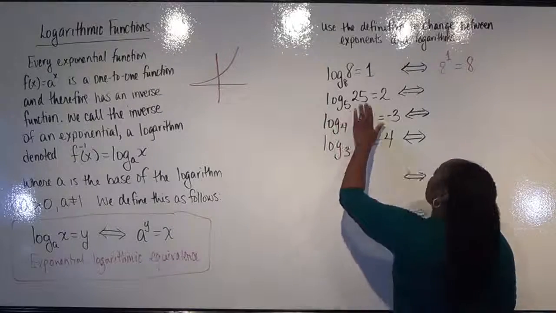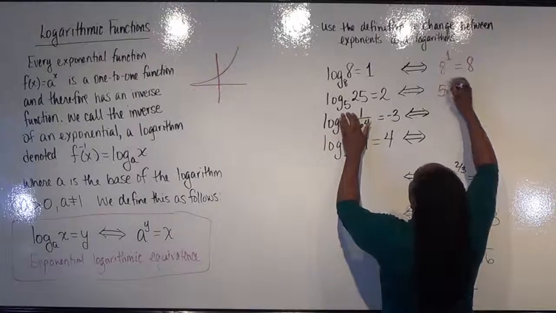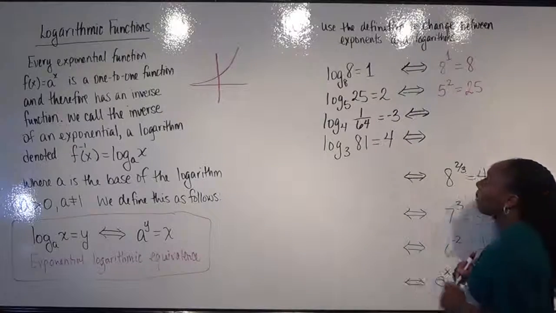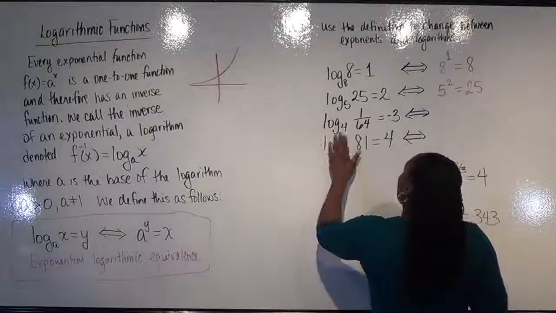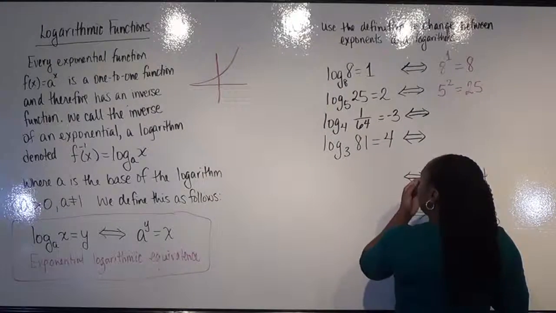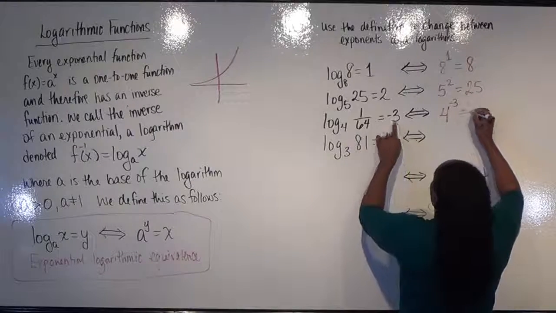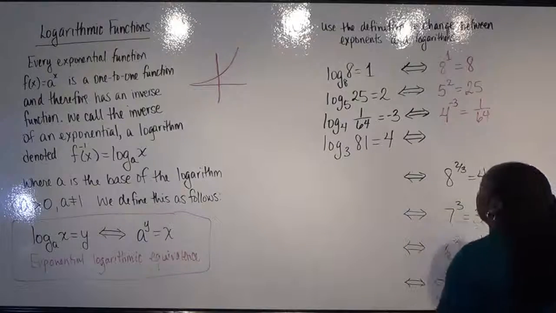If we look at log base 5 of 25 equaling 2, we can see that 5 to the second power is going to equal 25. For log base 4 of 1/64 equaling negative 3, again, 4 to the negative 3 is going to equal our argument, 1 over 64.